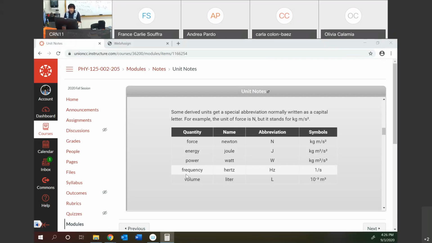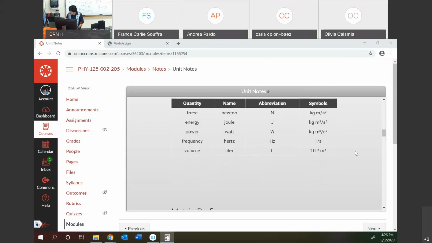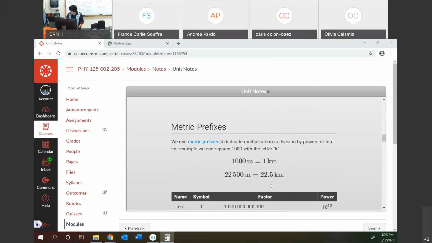All right. You don't need to memorize any of this because you will have the table with you, but just so you know, so now you can make sense of what you work in daily life. A gallon is approximately 4 liters, right? And then prefixes, right? So I already said 1,000 meters is 1 kilometer, all right? And let's go a little bit into this, all right?